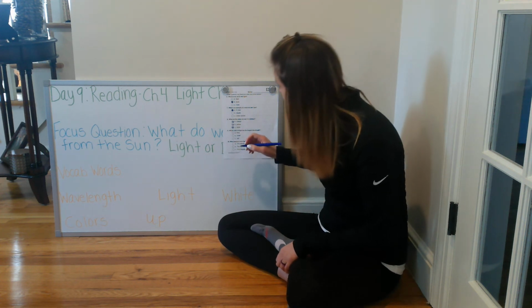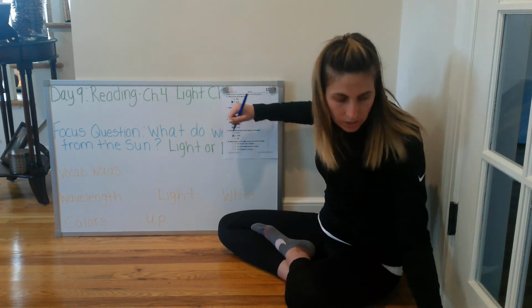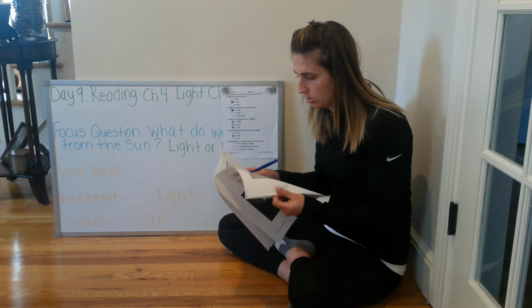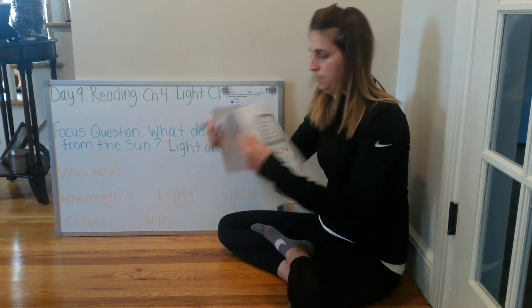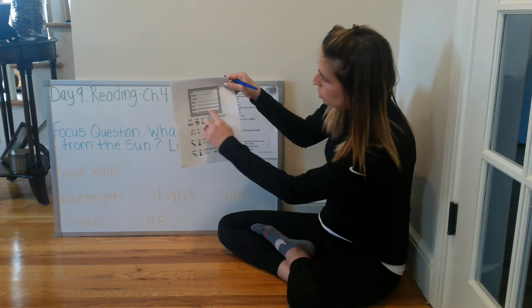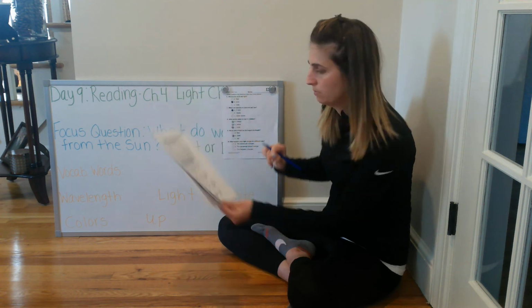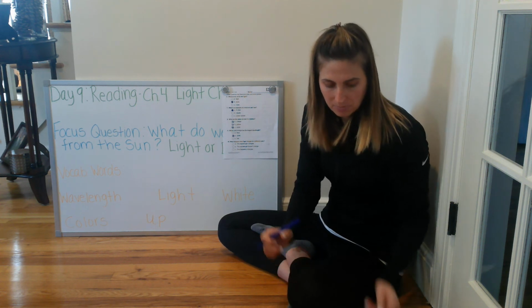And the correct answer is violet. And also, if we look back in our reading to our chart, we can see that violet has the most wavelength. The longest, I should say.